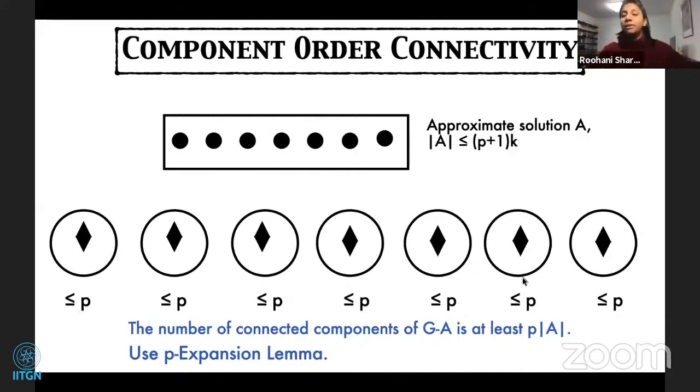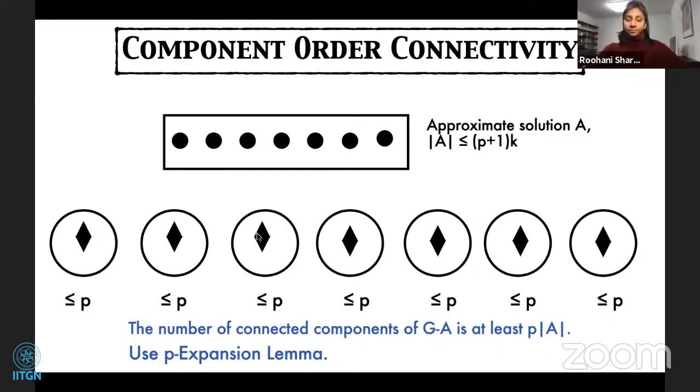This is the bipartite graph, and the edges in this graph are such that if a vertex in A sees some vertex in a connected component, then I put an edge between this vertex and the corresponding vertex of the component. Now the expansion lemma says that if the size of B is at least p times |A|, and there are no isolated vertices in B, then you can find a p expansion from some subset of A to some subset of B.